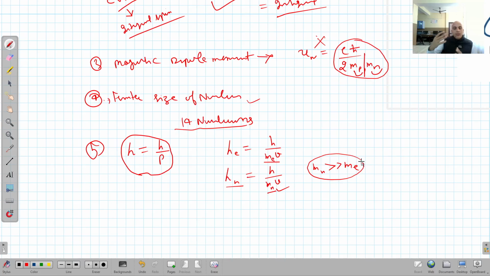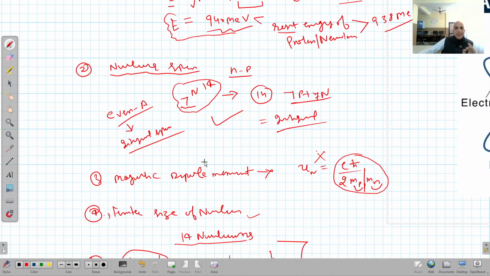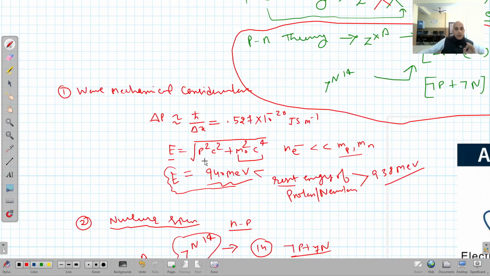So there is no problem with having neutron inside the nucleus because it has high mass. These equations tell us that the wavelength of the neutron will obviously be less than the wavelength of electron, right? So these were all the objections that were raised against the proton electron theory.